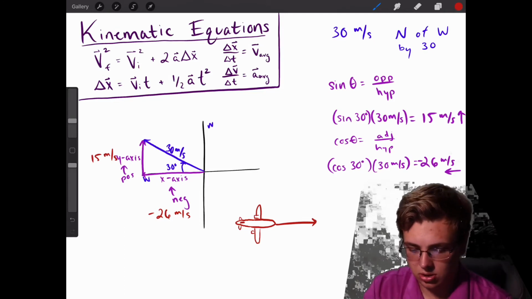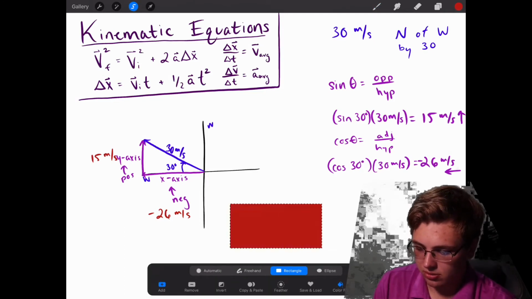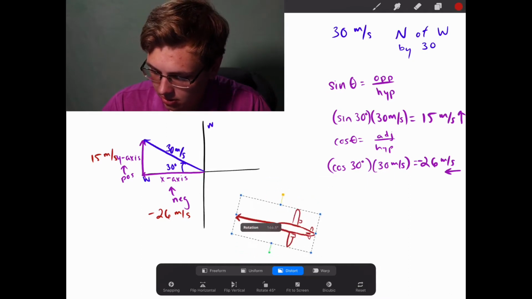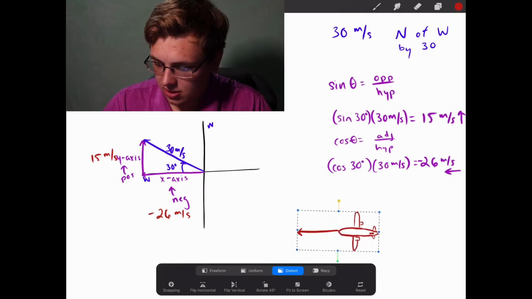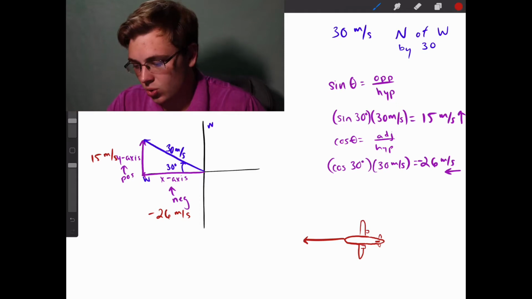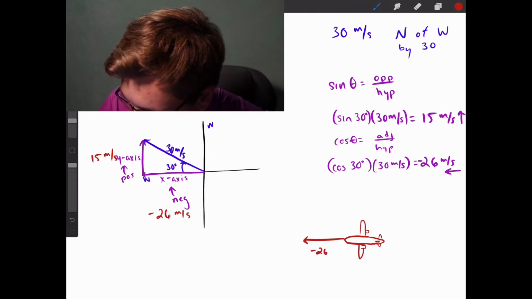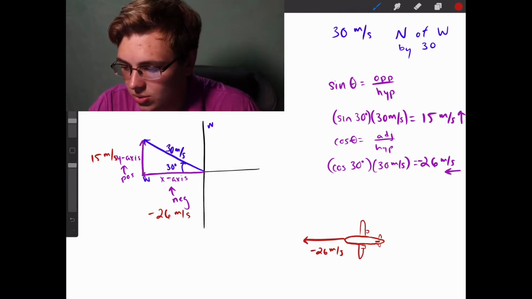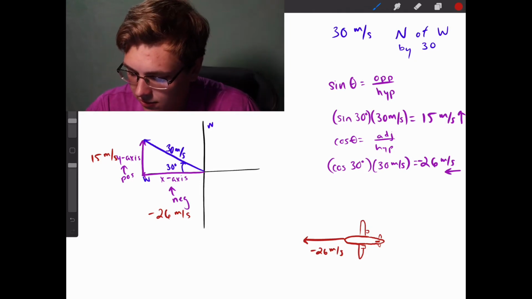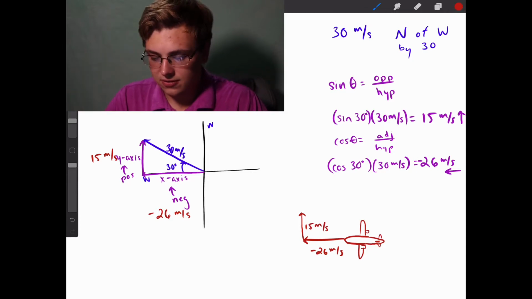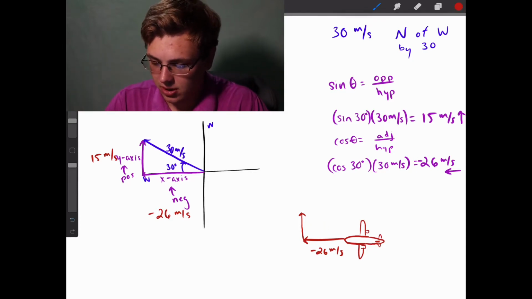I'm actually going to turn my plane around real fast so I'm going to fly the other way. I'm going to move it down here. We look at this. Say it's flying at negative 26 meters per second to our left. Now let's say we have a crosswind at 15 meters per second upward.